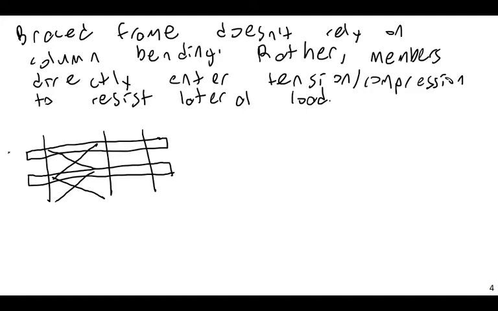And if I tried to apply a load this way and shift all this stuff to the right, this member would go into tension, this would go into compression, et cetera. So these braces would either go into compression or tension. If we had two tension braces, this one would go into tension, this would not carry anything, just as necessary to carry the lateral loads. And the loads reach the foundation through this kind of brace action rather than through column bending.